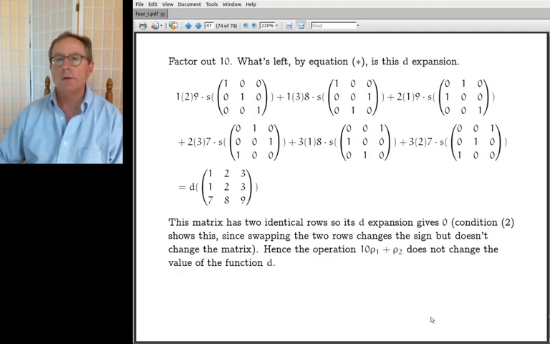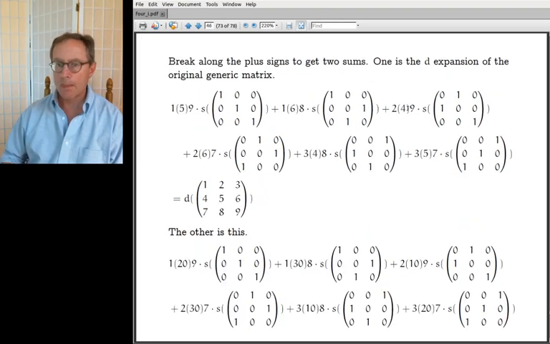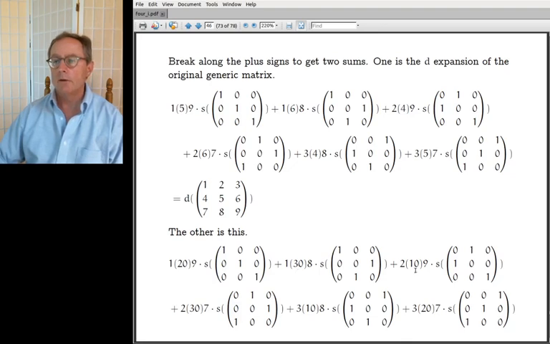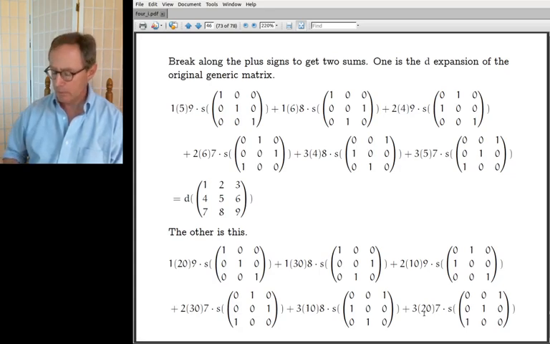What's left is this D expansion. There's the 129, the 138, the 219, etc. Factor out the 10. This is 129, 138, 219, 237, 318, 327. So I factored the 10 out of that bottom one.